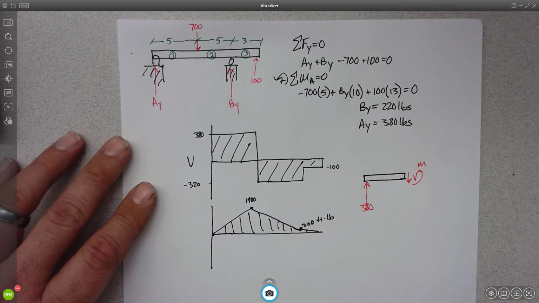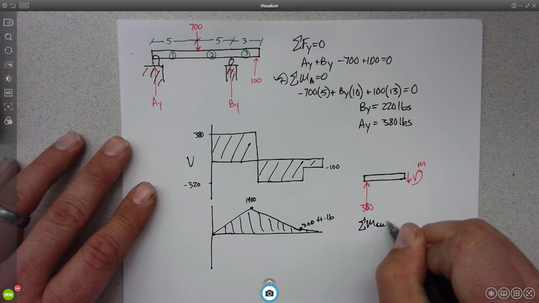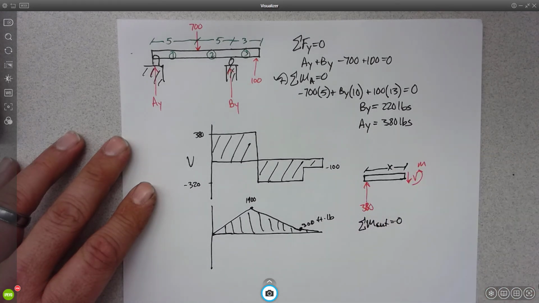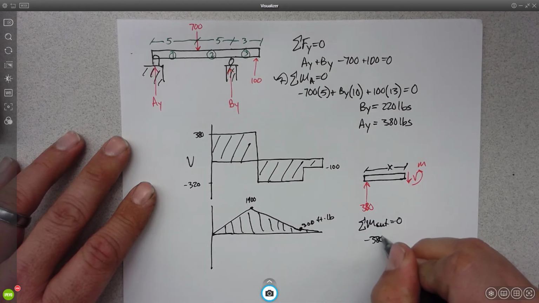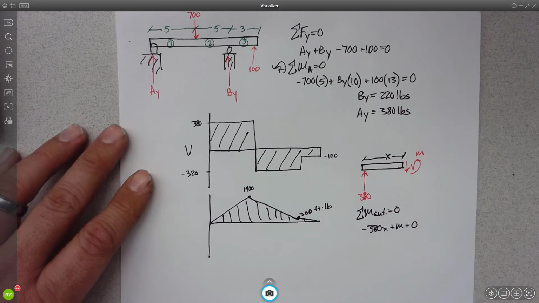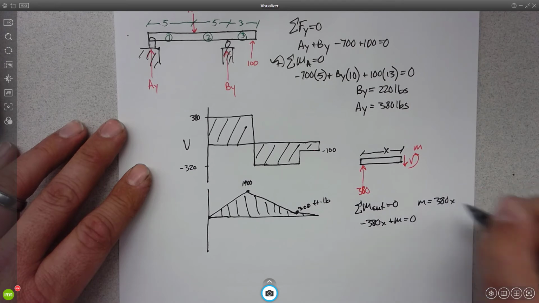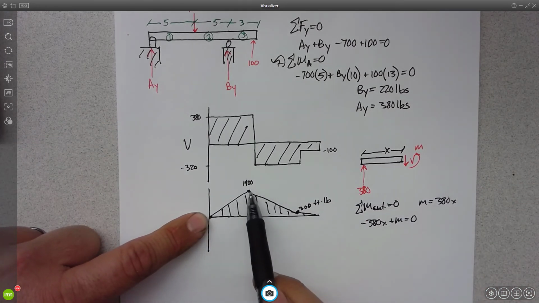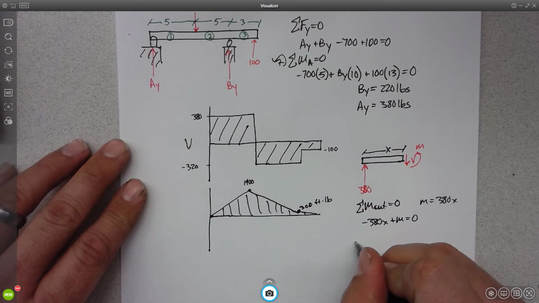Okay, so for region 1, the sum of the moments at the cut should be equal to 0. This distance is x. So I'll have negative 380x plus M equals 0, right? So M is equal to 380x. That means I start at 0, and if I go across 5, I'm at 1900.